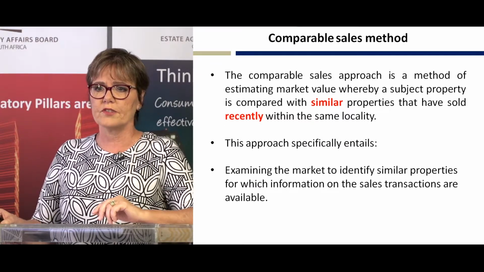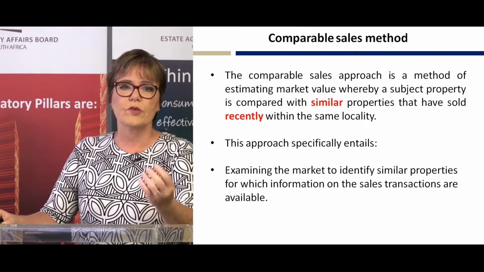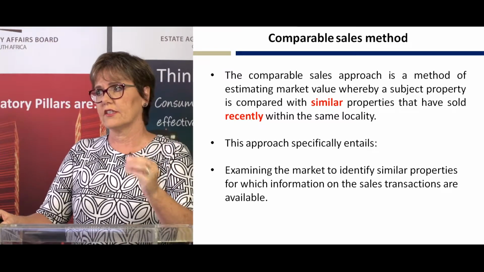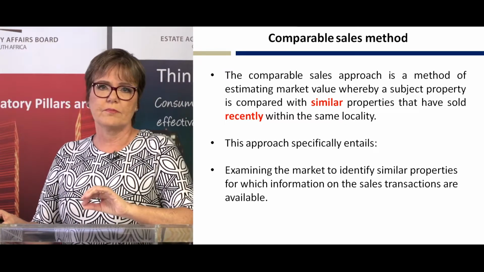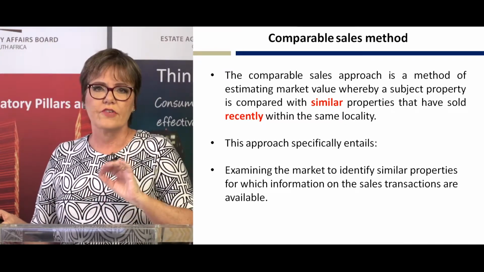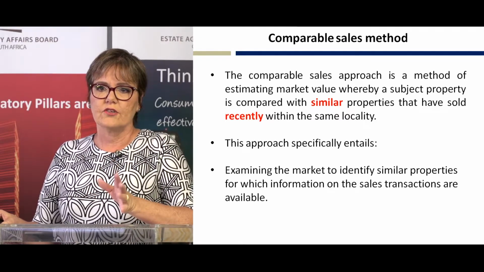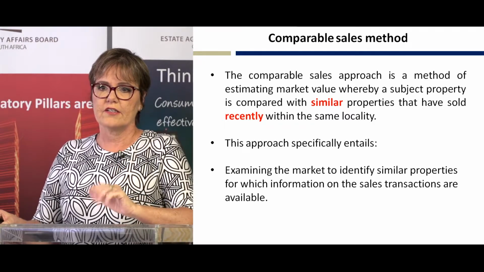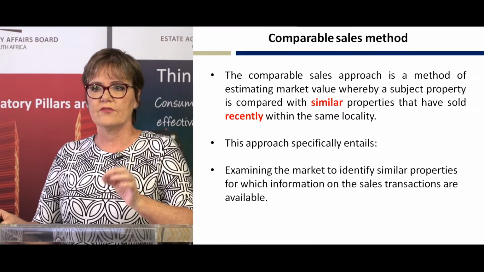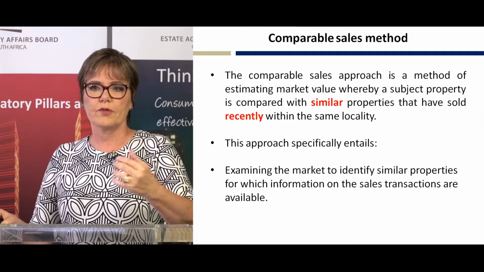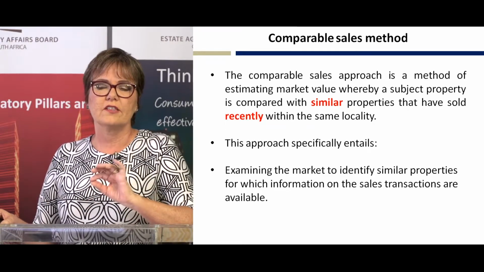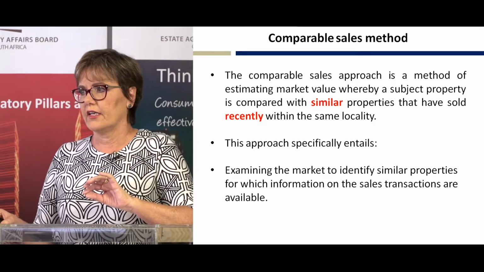So the comparable sales approach is again where we are trying to estimate the market value of a property based on recent sales in the same area. And this approach specifically entails examining the market to identify similar properties or comparable properties where that information is available.